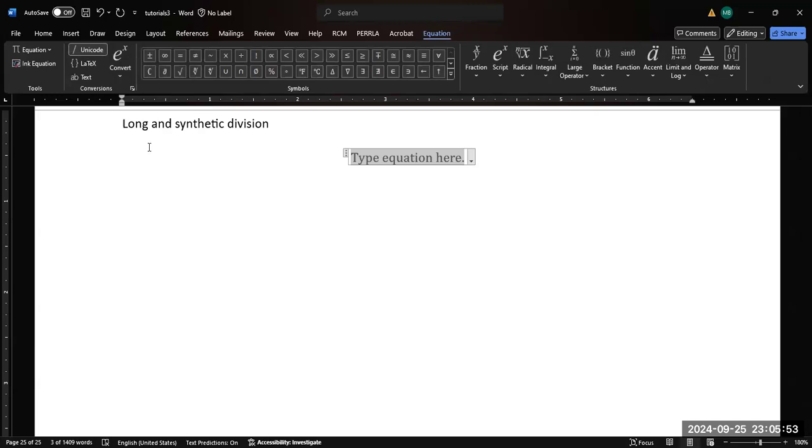So our first example is going to be to divide x squared plus 8x plus 15 by x plus 5.